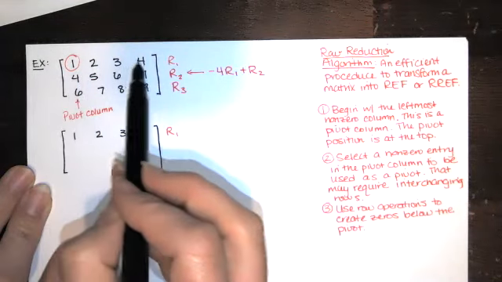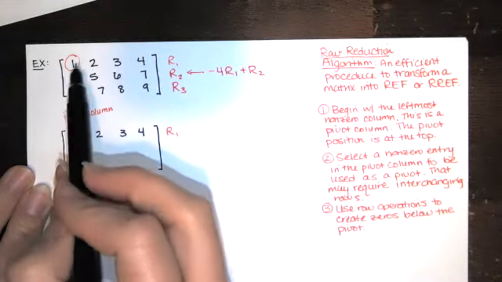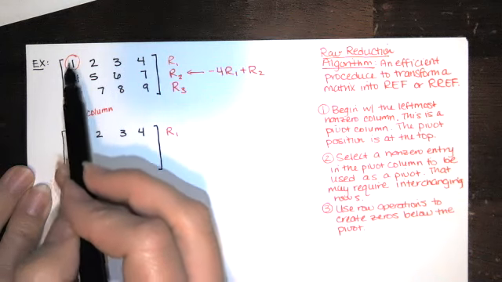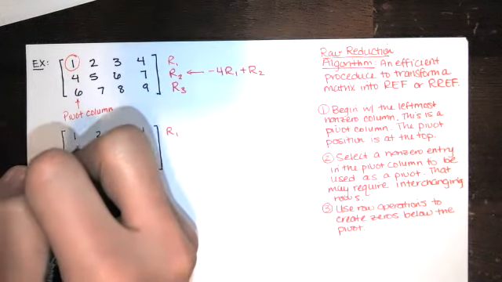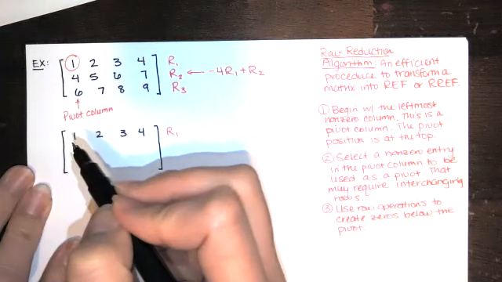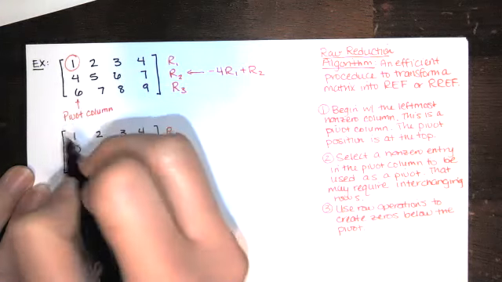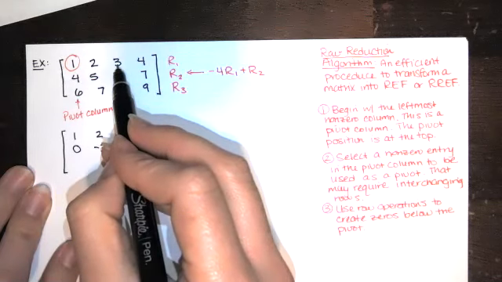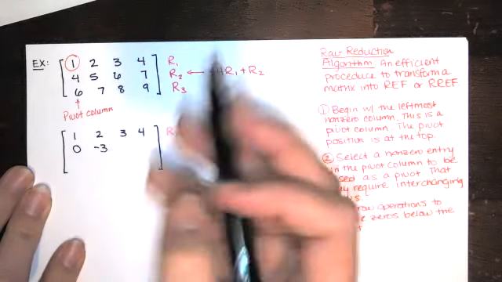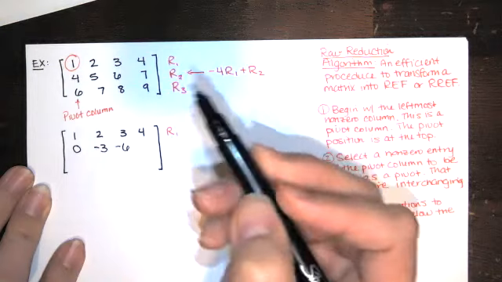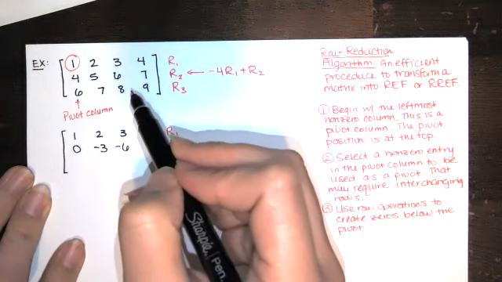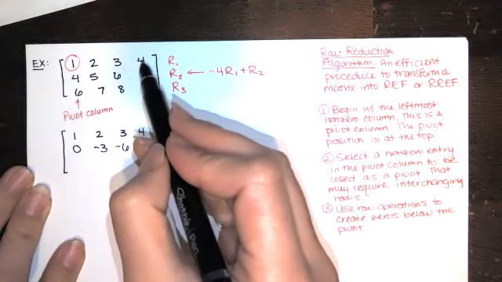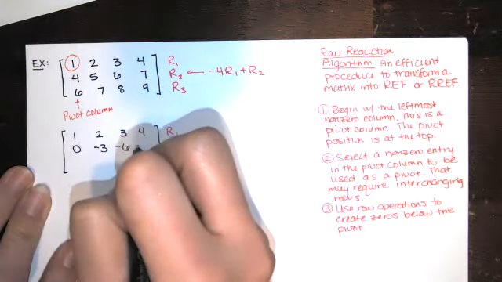So -4 times this row and added to this row. -4 times 1 is -4. -4 plus 4 is 0. -4 times 2 is -8. -8 plus 5 is -3. -4 times 3 is -12. -12 plus 6 is -6. -4 times 4 is -16. -16 plus 7 is -9. So that's my new row 2.